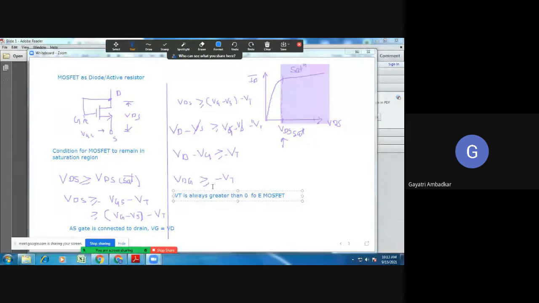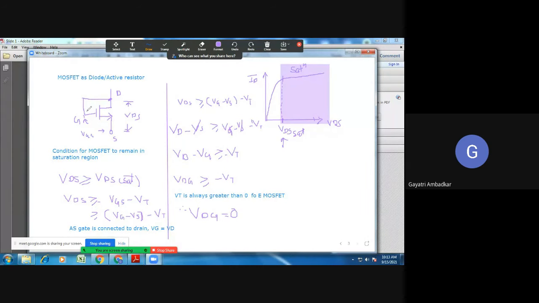It means VDG must be less than or equal to minus of this, which indicates that VDG should be equal to 0.